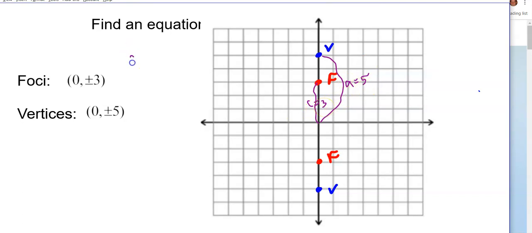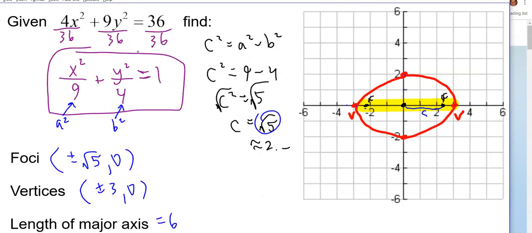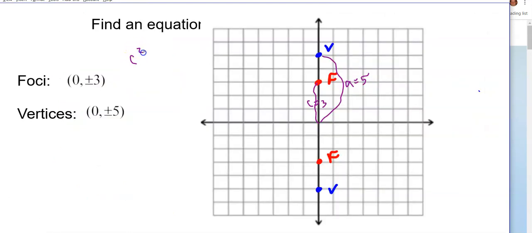So let's use our formula. c squared equals a squared minus b squared. So c squared is 9 equals a squared, which is 25, minus b squared. So I'm going to solve that. We get b squared equals 25 minus 9, which is 16.